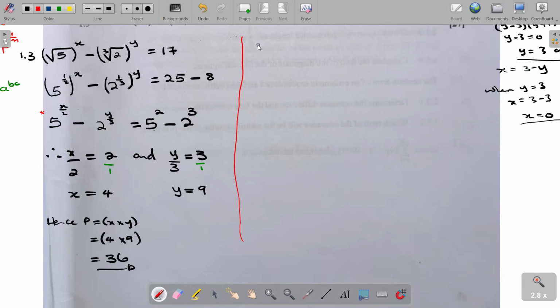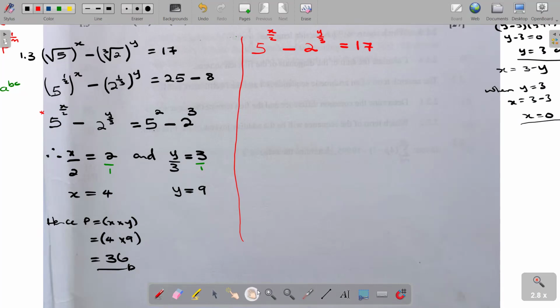So we're going to end up having 5 to the power x over 2 minus 2 to the power y over 3 is equal to 17.